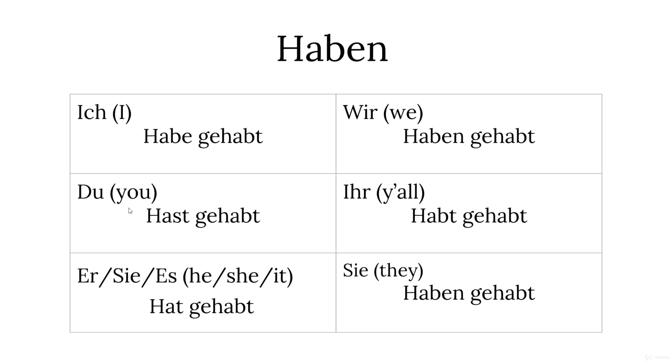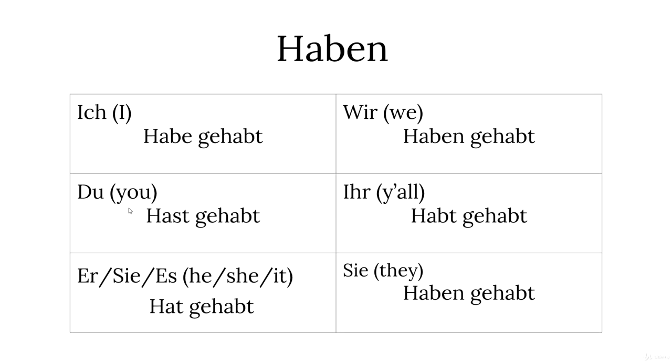The verb to have doesn't need any movement, so it takes also the verb haben. And gehabt is the form of the verb haben. And as you can see, the verb gehabt is unchangeable regardless of the pronoun. Only the verb haben, the first verb haben, needs to be changed. So you say, ich habe gehabt.